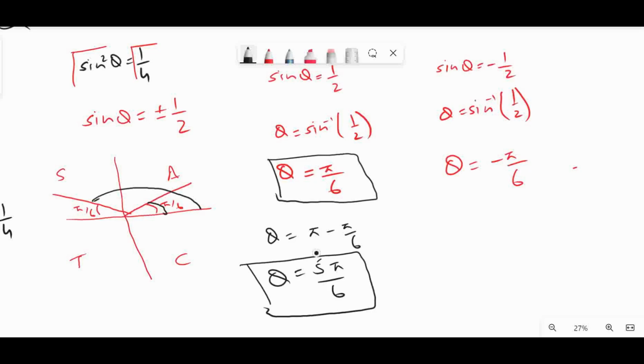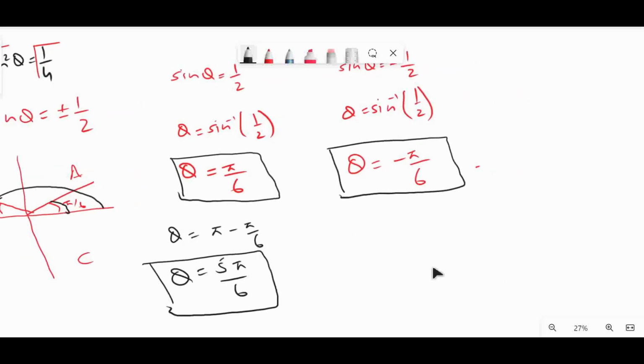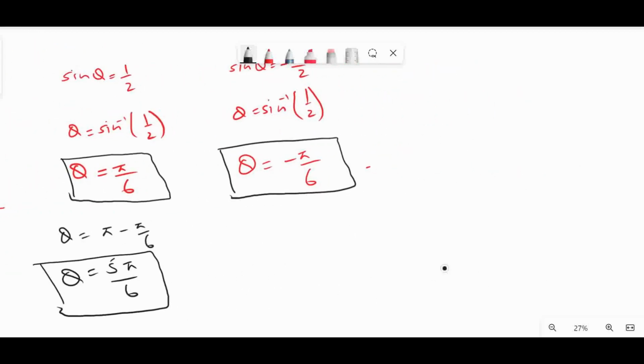Now let's see the other one this way. Now what does it mean? It means that for the second case, the sign is negative. So sign negative means CAST again. Now sine is negative in these two quadrants. This is the one quadrant, so this angle will be pi by 6. This one will be the other quadrant, and this angle with the horizontal line, the x-axis, will be pi by 6. So now we need these two angles.